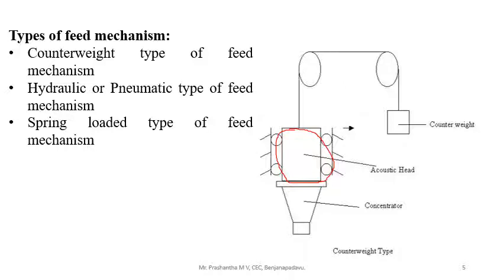The counterweight is here. The difference between this acoustic head and the counterweight gives the tool feed. Here I will repeat: the feed force is the difference between the weight of the acoustic head and that of the counterweight attached through the lever system.